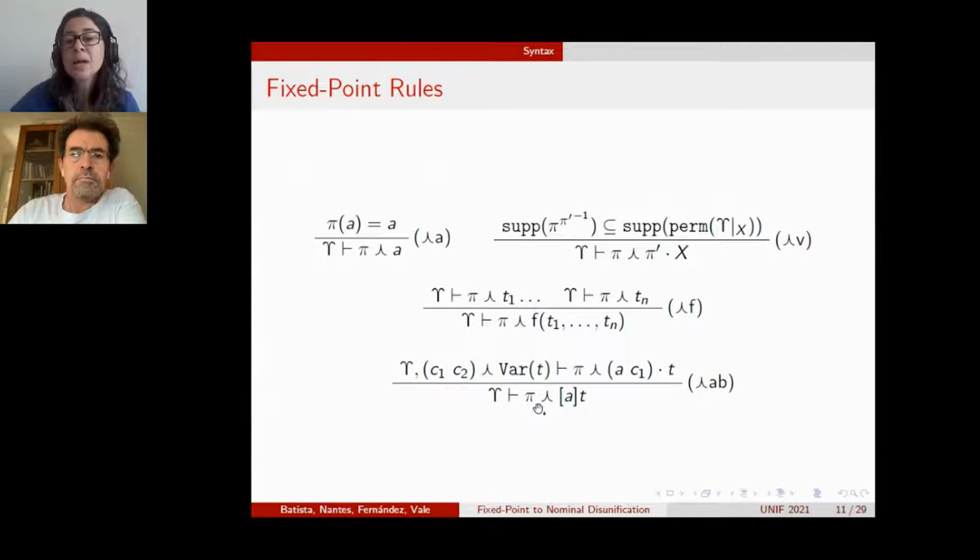So for instance, pi fixes f of T1 to Tn under the assignments in upsilon if pi fixes each term T1 to Tn.